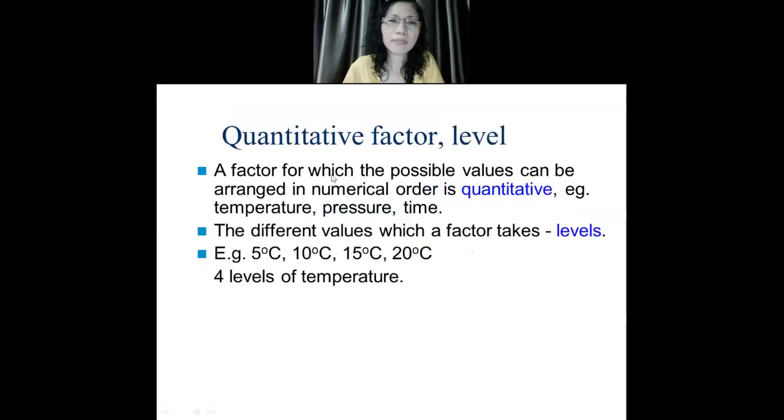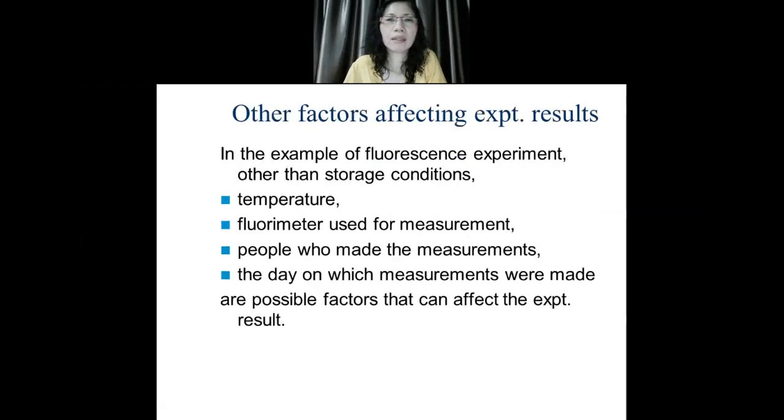Now, quantitative factor, on the other hand, is a factor for which the possible value can be arranged in numerical order. For example, temperature, if you do the experiment at 5 degrees, 10 degrees, 15 degrees, 20 degrees, so we have 4 levels of temperature, for example. Now, there are other factors that affect an experiment.